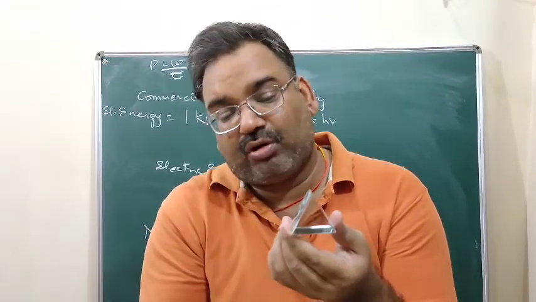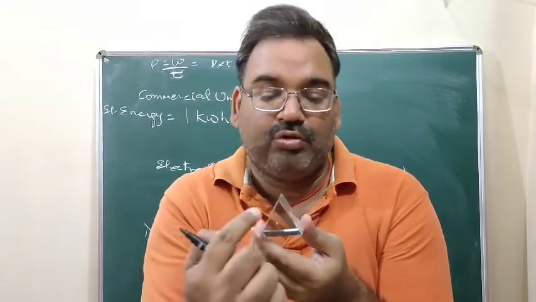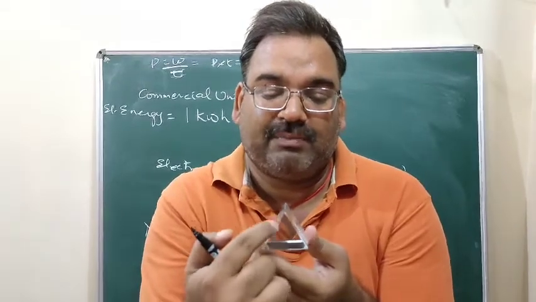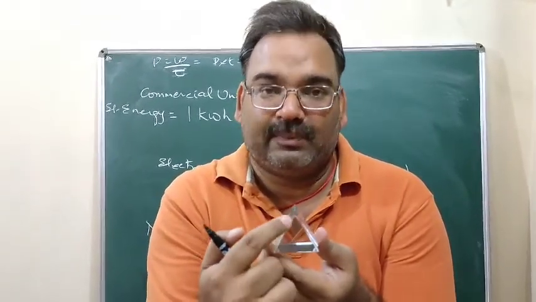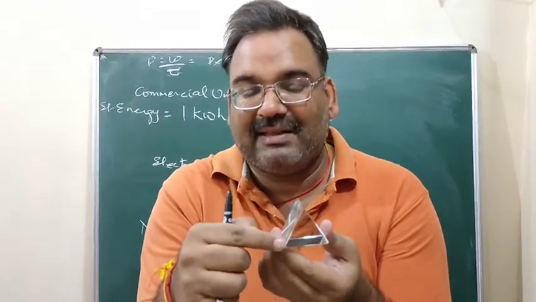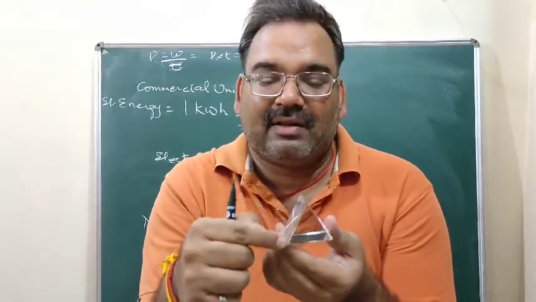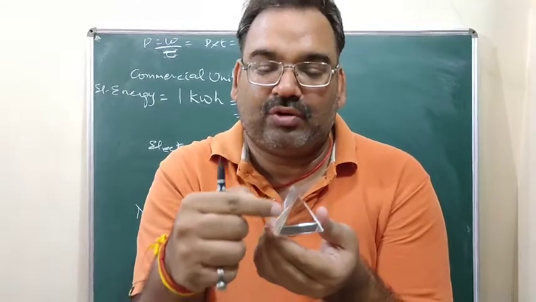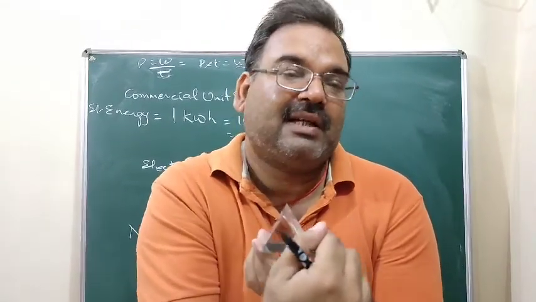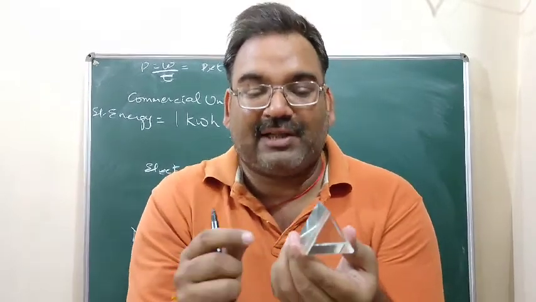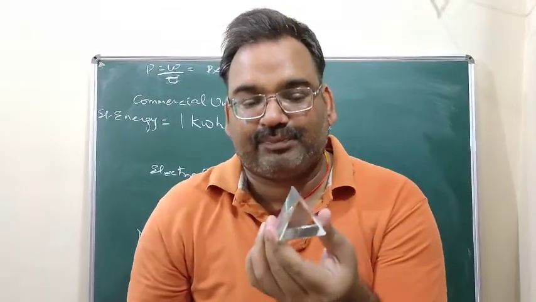In the book, when the diagram is drawn, you see only this part of the prism. So it appears like a triangle, and this line is the refracting line for you. You are drawing the incident ray here, and the emergent ray coming out from this side. But actually it is a three-dimensional figure.